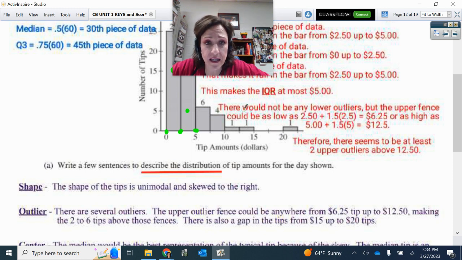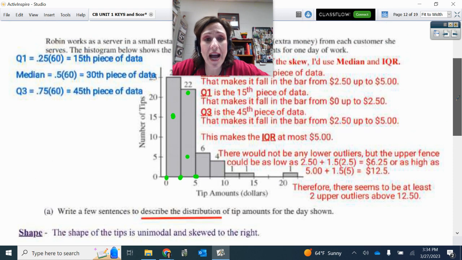Say this Q3 was 5, which I'm not sure. Then 5 plus 1.5 times the biggest IQR I could have would put that fence at 12.5. So honestly, there are probably at least 2 outliers.